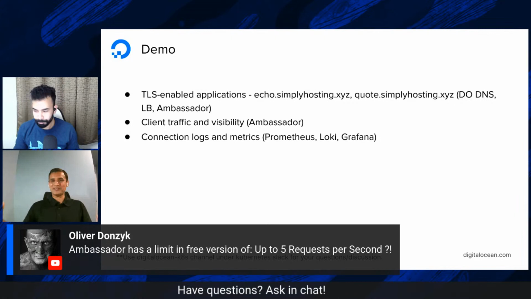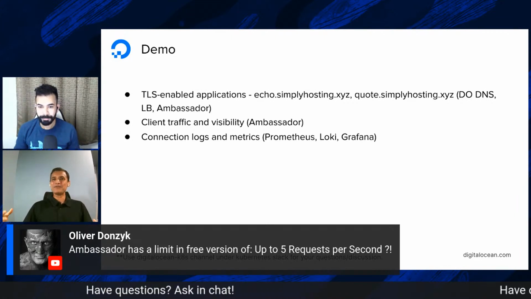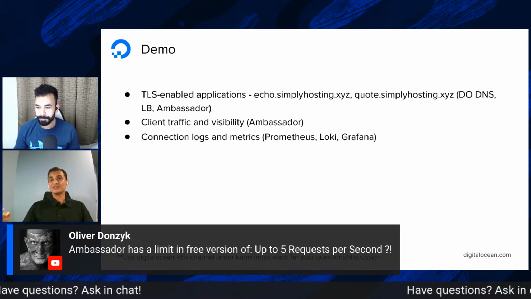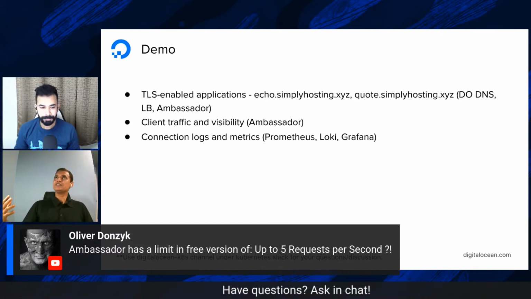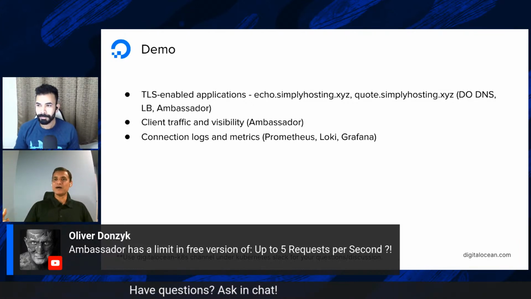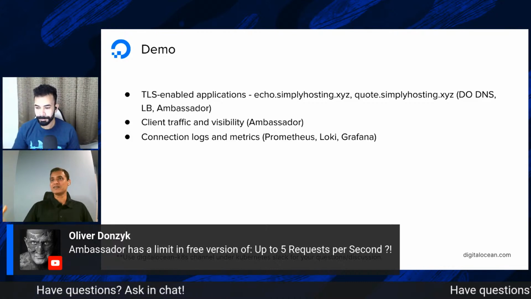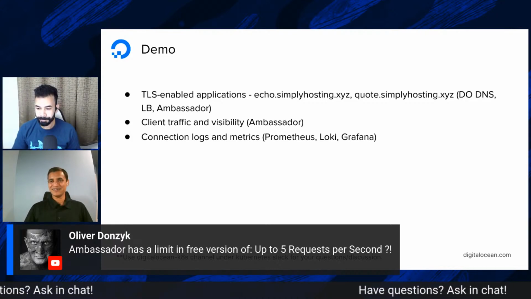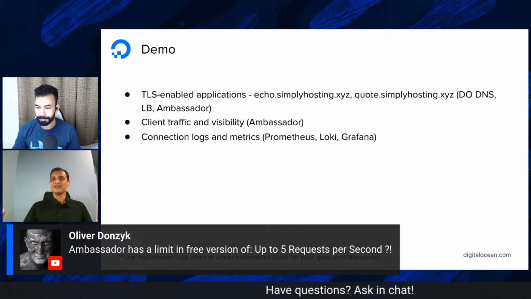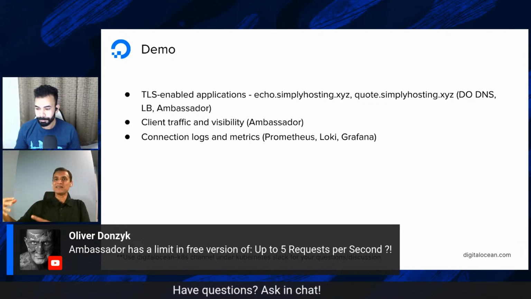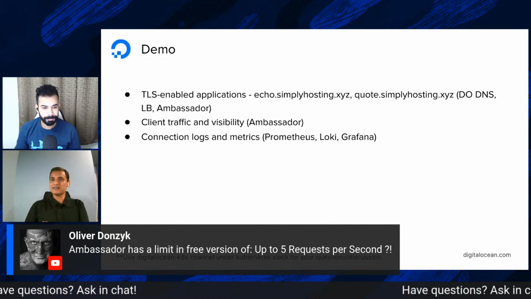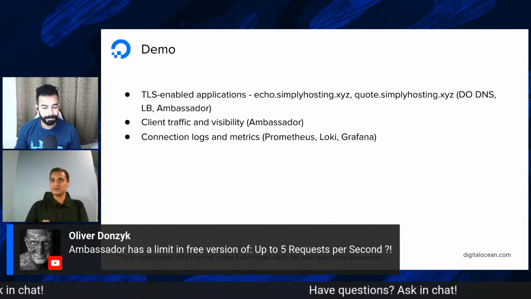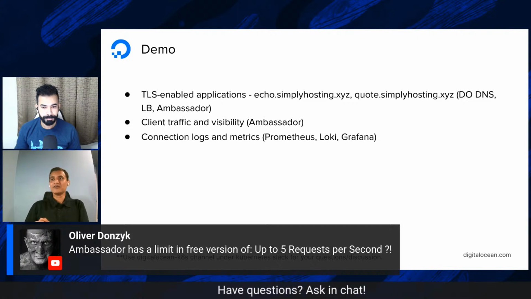That's a lot of work, and imagine if you could simplify that using a mapping resource. So that 5 requests per second applies when you are exposing the API and want API authentication using a third party like Auth0 and single sign-on. For some of the complex enterprise features, that limit applies. For anything that we are showing here in the tutorial, the limit does not apply.